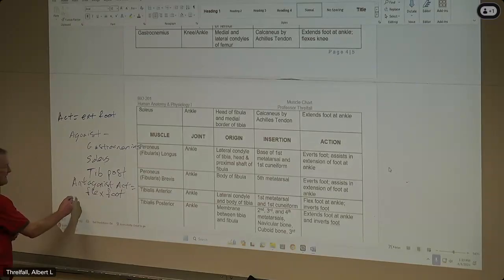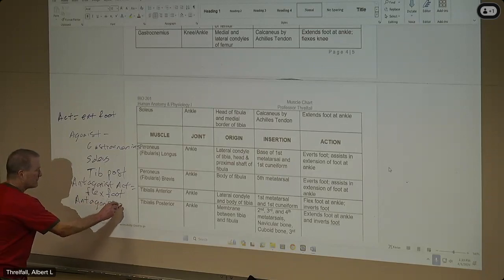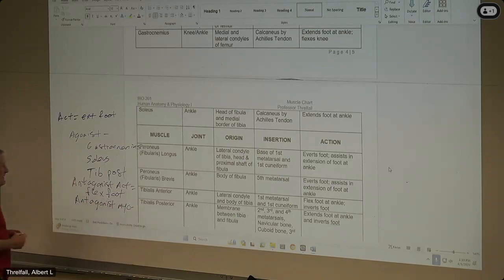So antagonist muscles would be any muscles that flex the foot. We've got that group of four that we're focusing on. Do any of those flex the foot? Tibialis anterior.